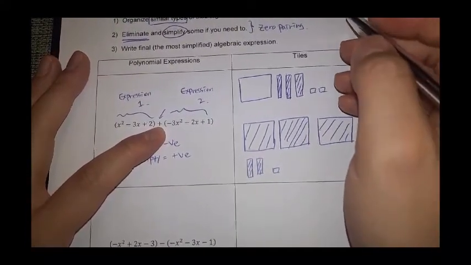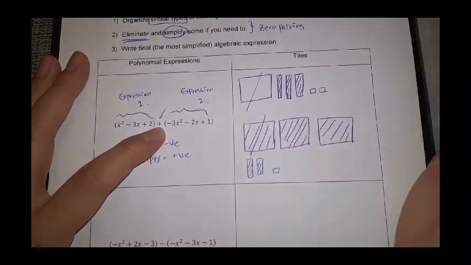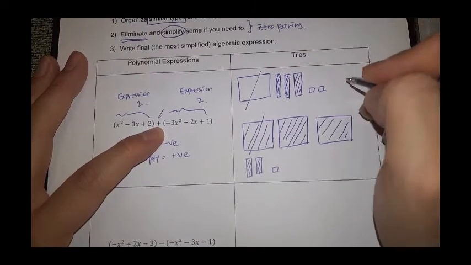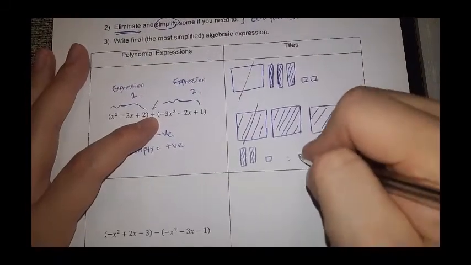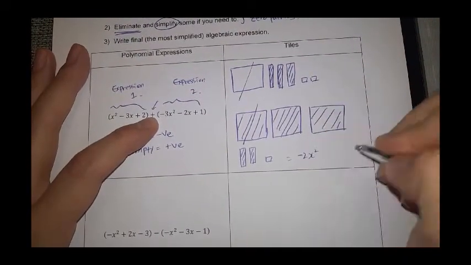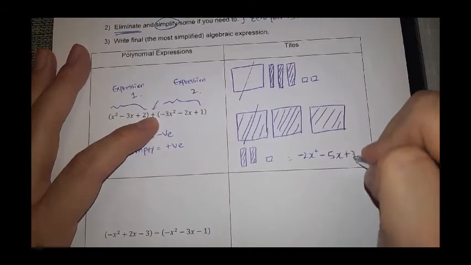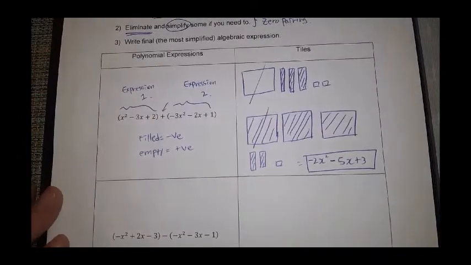Find any zero pairs now because we are combining. These two cancel out to 0, and that's about it. So when you write down the final expression, we can just say negative 2x squared, in descending order, highest degree to lower degree, minus 5x plus 3. That was how we did addition.